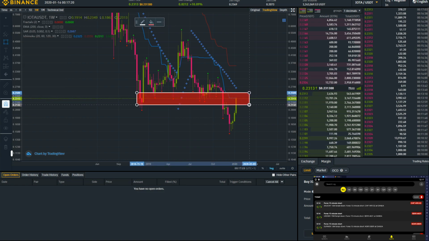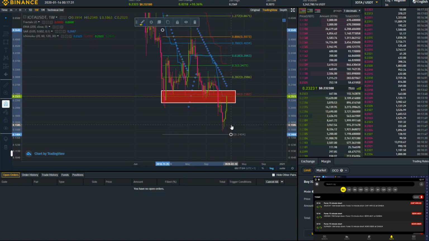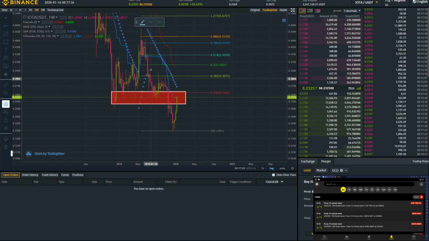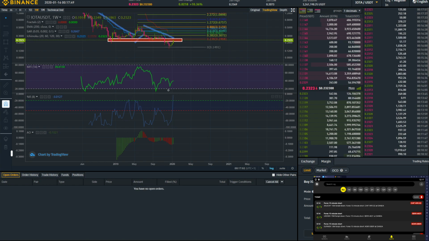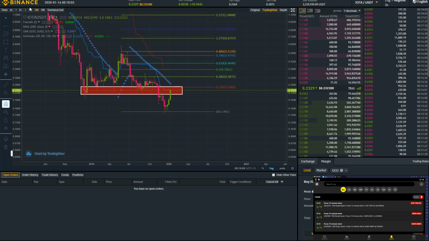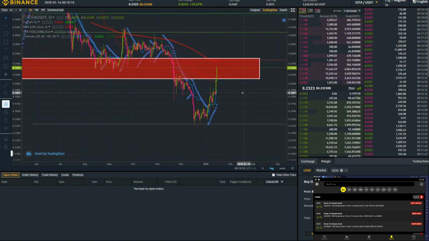So here is your distribution, and if you use the Fibonacci retracement tool, for IOTA probably it's going to this level, going to test the weekly, the red line, the 0.5, and after that the 0.618. And let's see on the weekly, clear bearish divergence on the MFI, but there was a bullish divergence and hidden bearish divergence on the oscillator on the weekly. So IOTA, it's in a no trade zone.